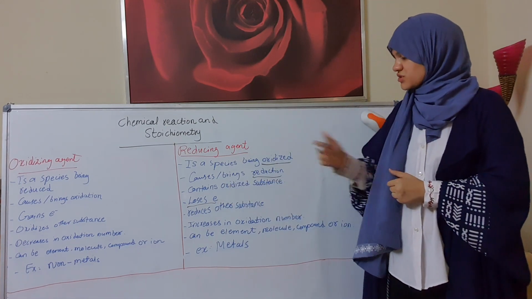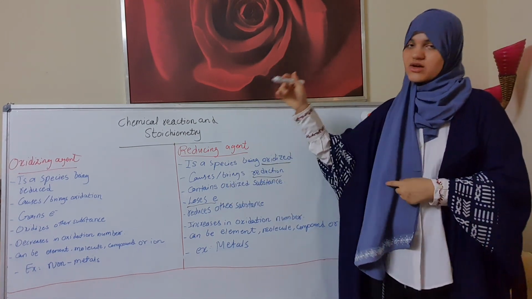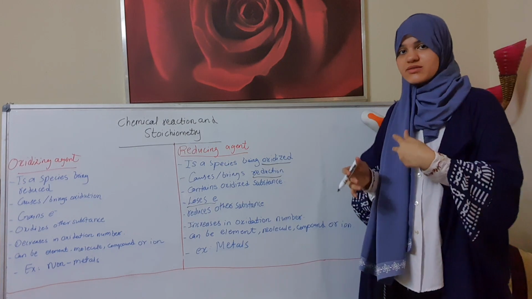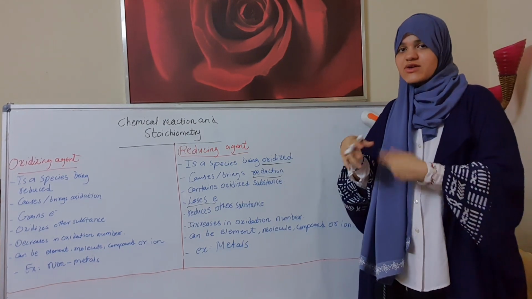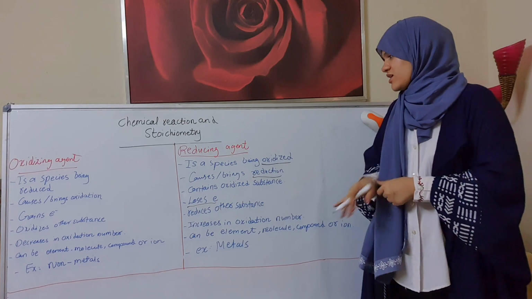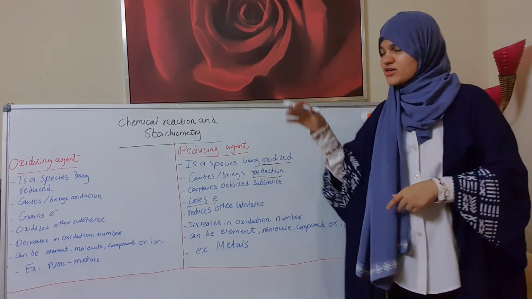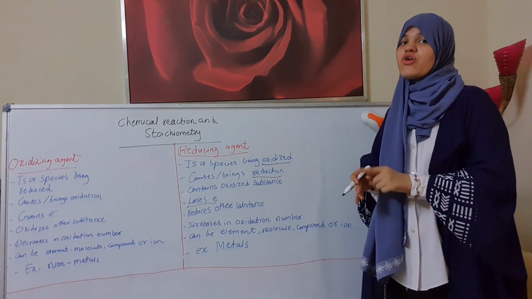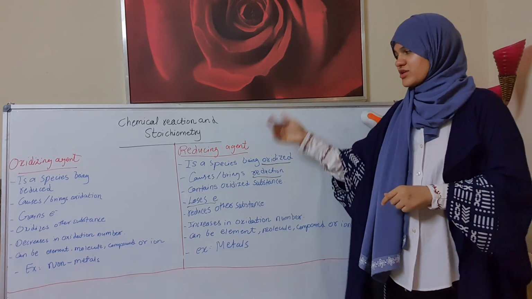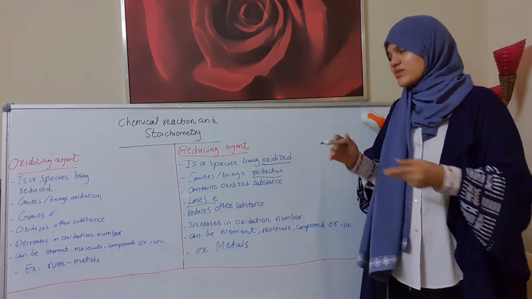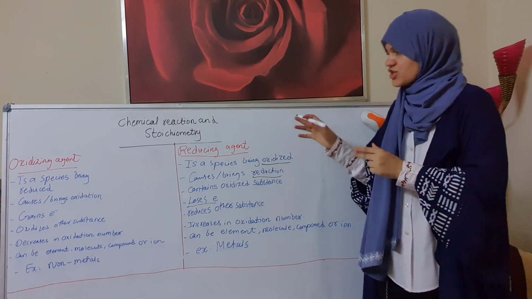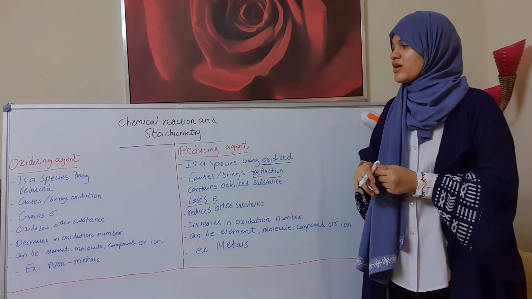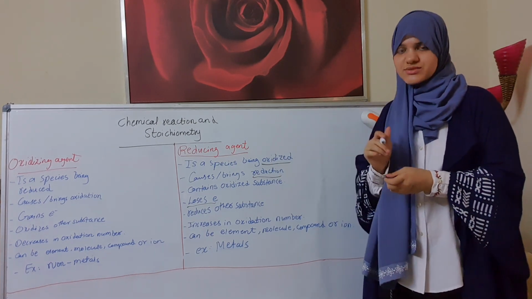It also reduces other substances, like here it oxidizes other substances. Here there is an increase in oxidation number, but in the oxidizing agent a decrease. The reducing agent, like the oxidizing agent, can be an element, molecule, compound, or ion. An example of a reducing agent is metals. Now let's see an example about oxidizing agent and reducing agent, and about oxidized and reduced.